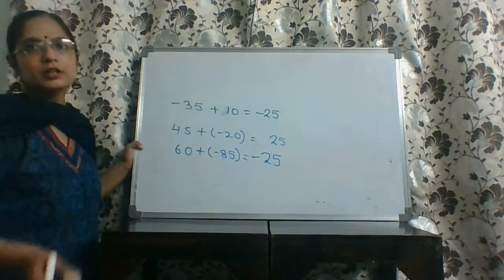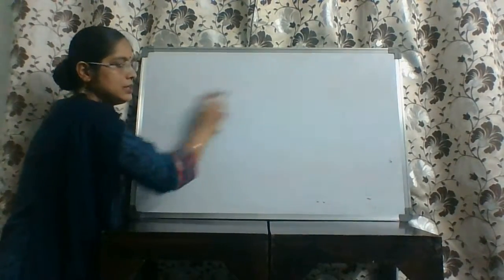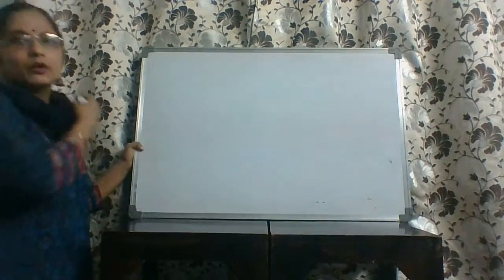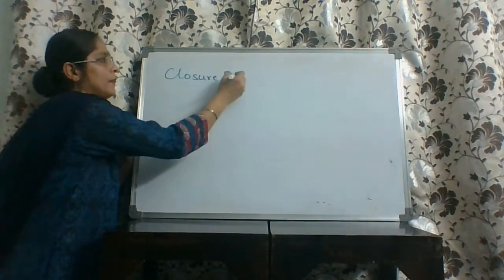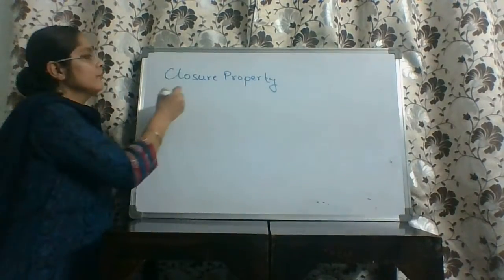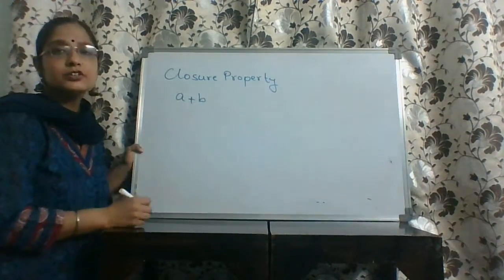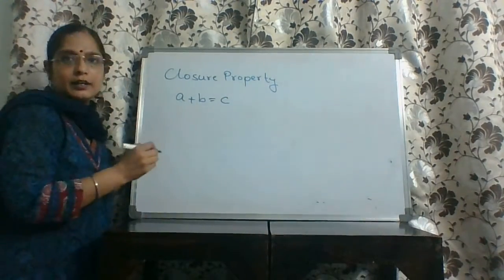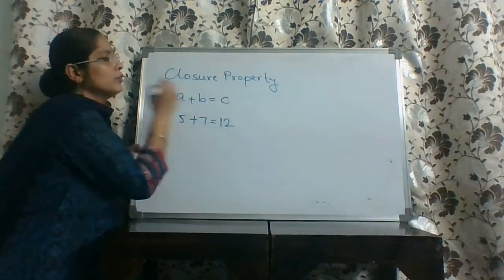Now, let us come to the properties of addition of integers. The first property is closure property. Closure property is whenever we add two integers, we get an integer only, that is, it is closed under addition. 5 plus 7 equal to 12.